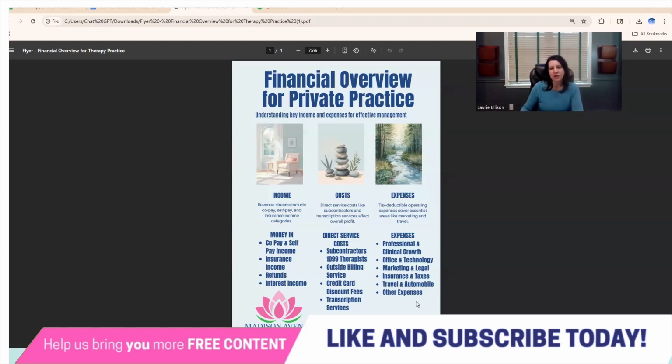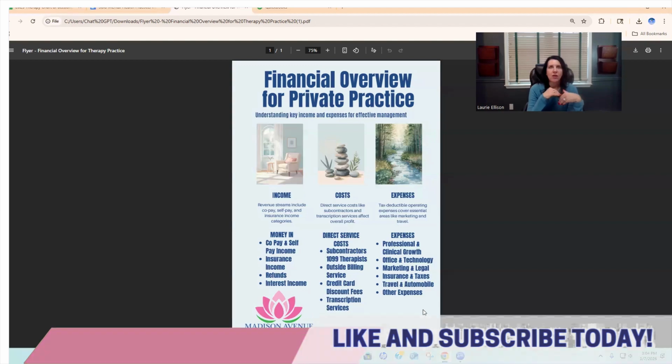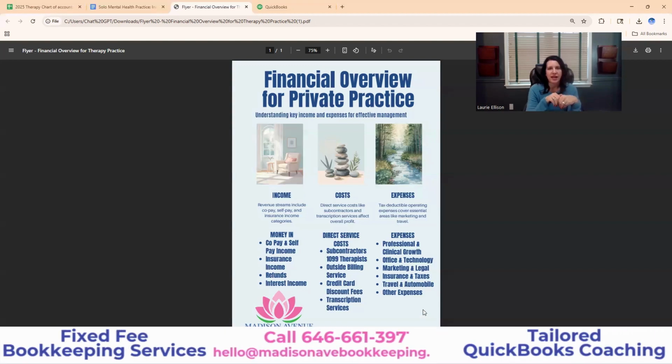Now we're on to the third category, expenses. These are also the cost expenses. They're still all tax deductible. These are imperative for your business and they're truly for operating your business.